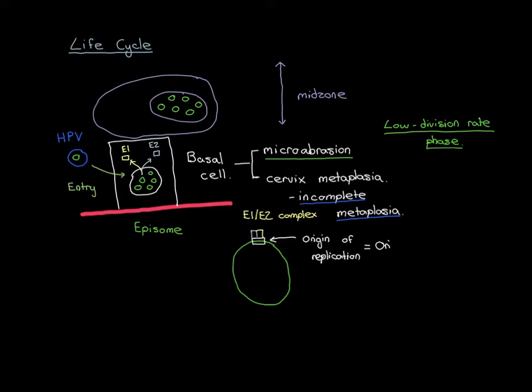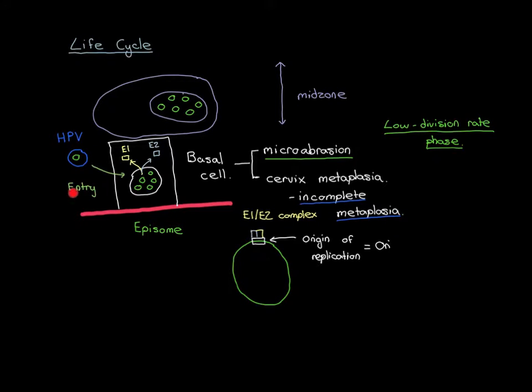Okay, so the next portion of the life cycle, and I think actually let's just summarise where we've got to now and then we'll move on to the next part. So we started off with human papillomavirus coming in and getting to the basal cell, and remember we talked about ways that it can get access to the basal cell, either through microabrasion of the squamous stratified epithelium or in the cervix, where we've got incomplete metaplasia, the basal cells can be exposed to the environment and therefore human papillomaviruses can quite easily get into them.